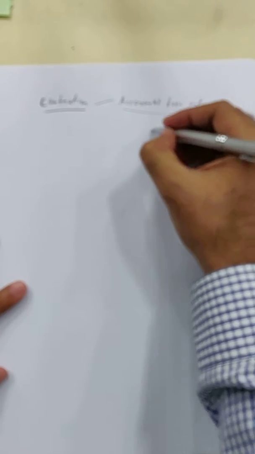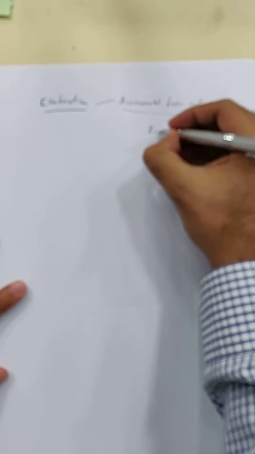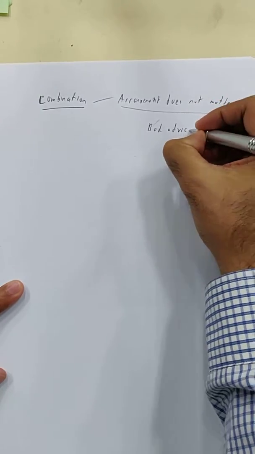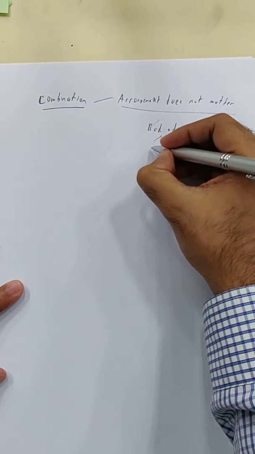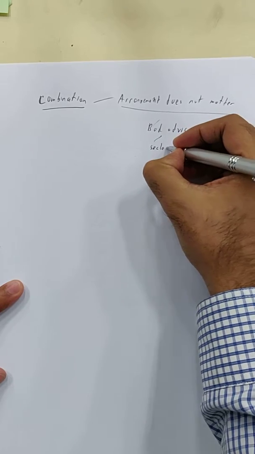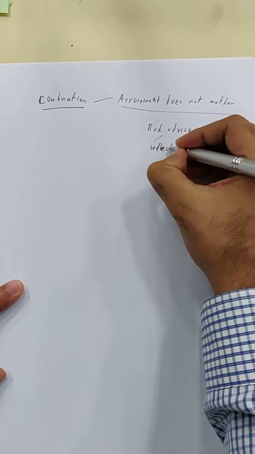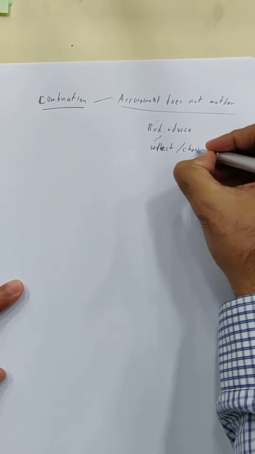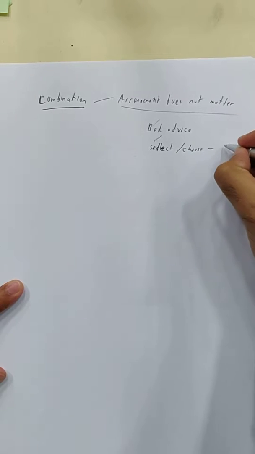Some of you may be given this as an example. This is bad advice, okay? The bad advice goes something like this. If they say select or choose, that means it's a combination.